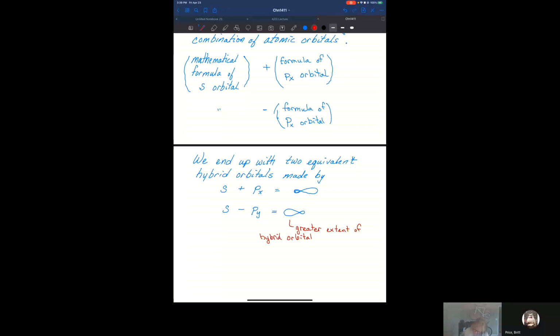So that's the greater extent of that hybrid orbital along the observed geometries of the electron pair geometries.